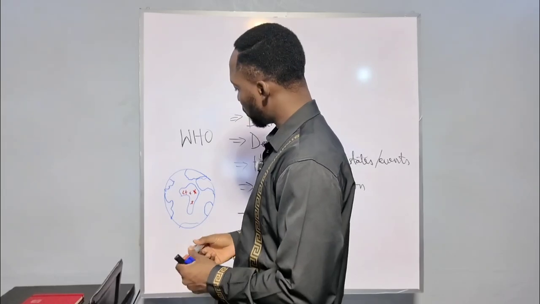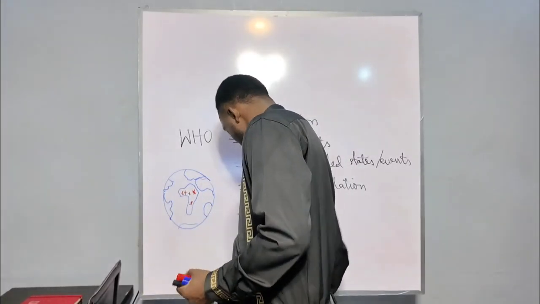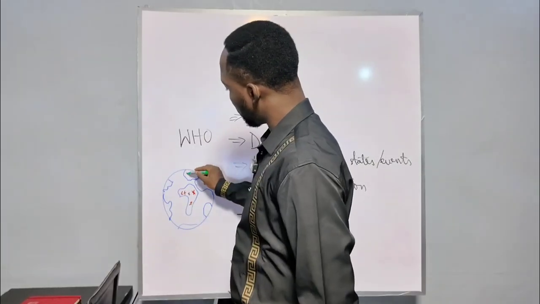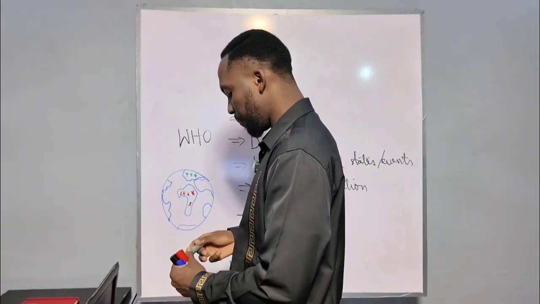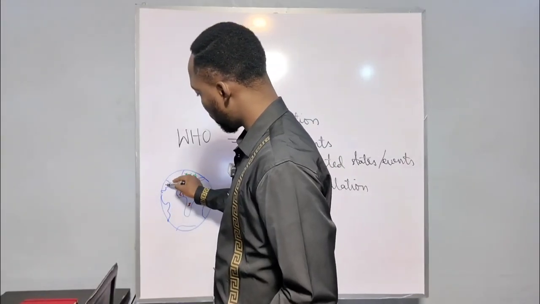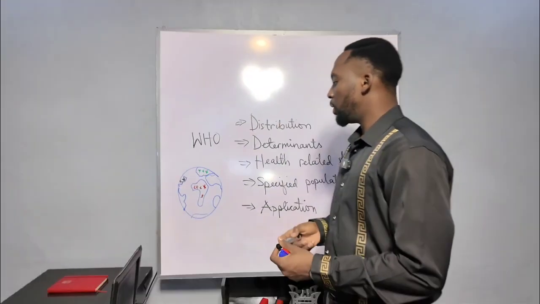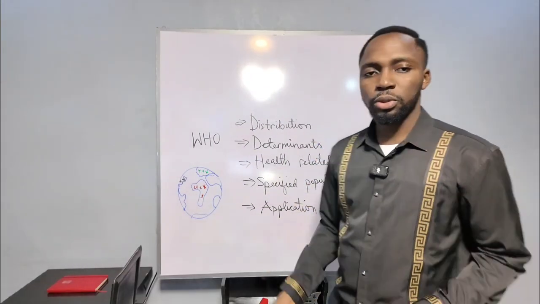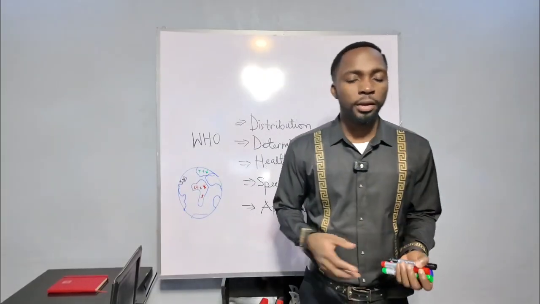Or we notice maybe in Europe there's a particular type of sickness that is predominant in Europe, or even in Africa, in Asia, or in the Americas, like North America, for instance, a particular type of disease that's there. So basically, distribution also talks about who gets sick, where the person is, and when.